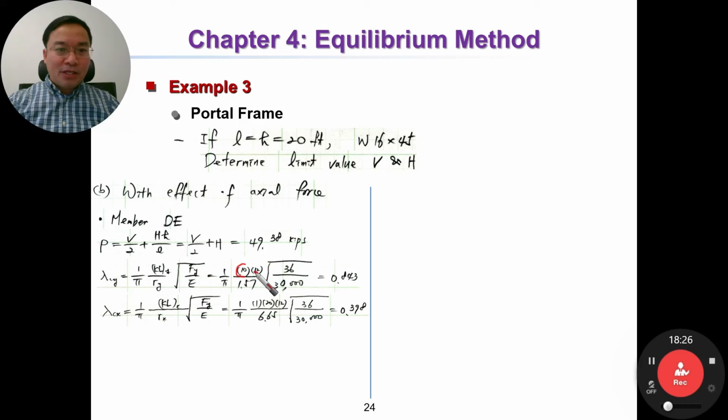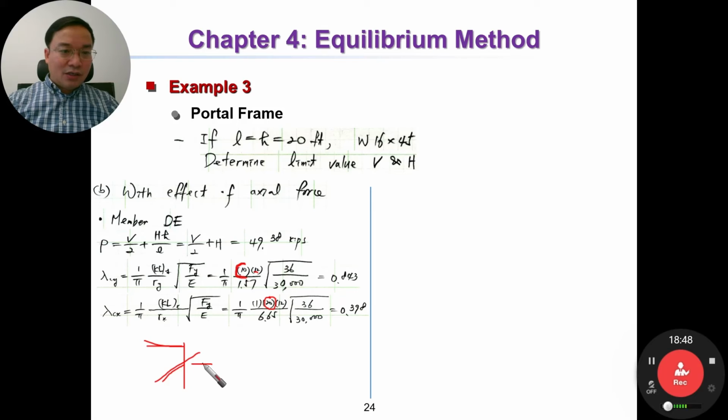The total length of the column is 20, but in this case, we assume we have a horizontal brace.